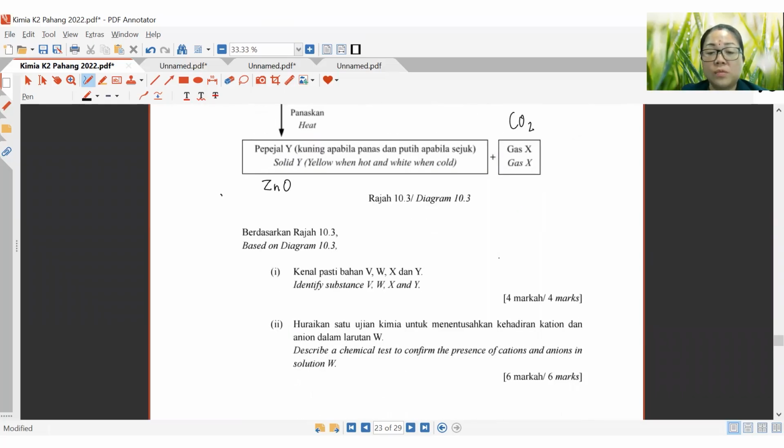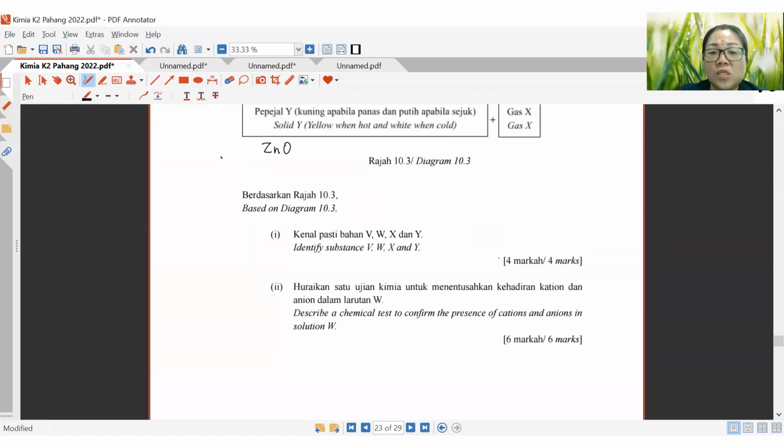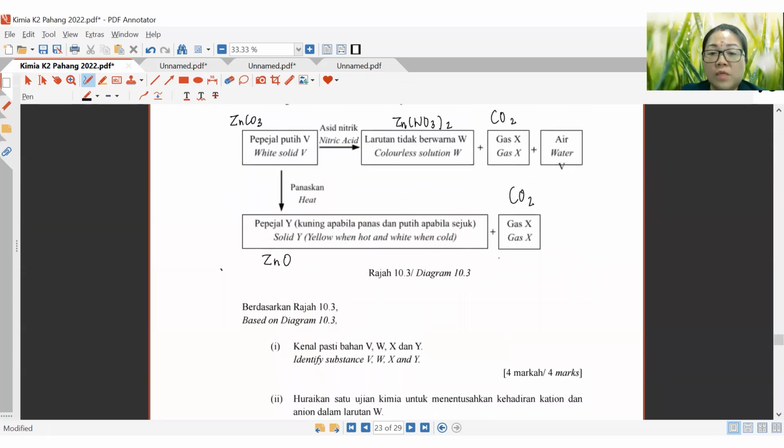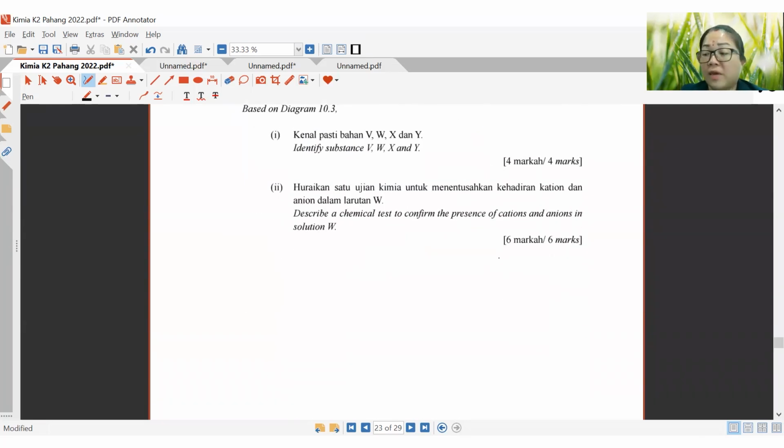Now 2, describe a chemical test to confirm the presence of cations and anions in solution W. Solution W is zinc nitrate. So what are the chemical tests that we will always do? For zinc I will either use ammonia or sodium hydroxide.